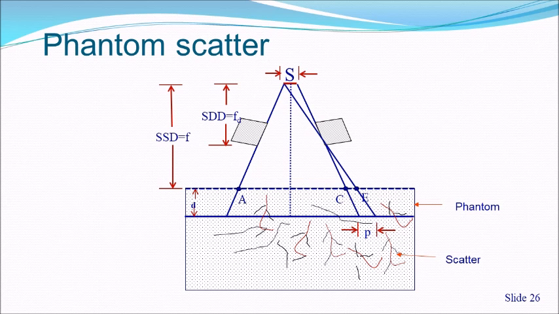Let us look at this one. Now, this is what we refer to as the penumbra inside the patient or inside the phantom, where the scatter increases the size of the penumbra much more. This is what I refer to as the geometrical penumbra, but it is much more than this due to the scatter that happens here.